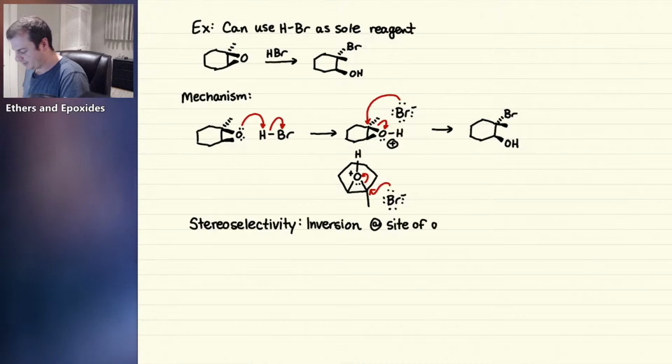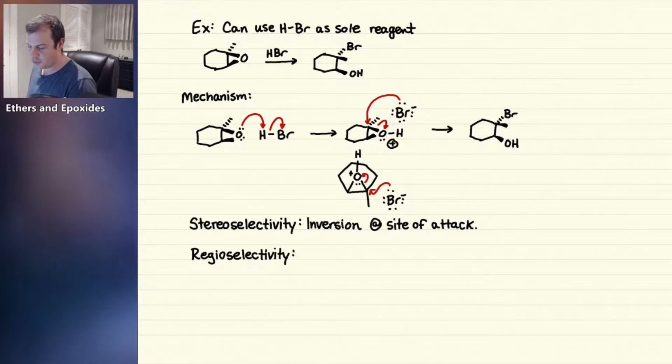And we see that in the example above, how that methyl group got inverted because the bromide attacked that carbon. In the regiochemistry, we're going to be attacking the more substituted carbon. In acidic conditions, the nucleophile attacks the more substituted side.